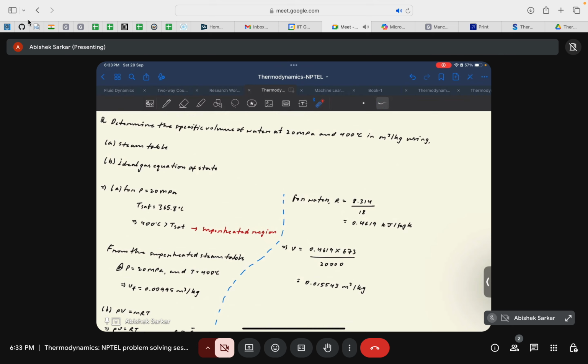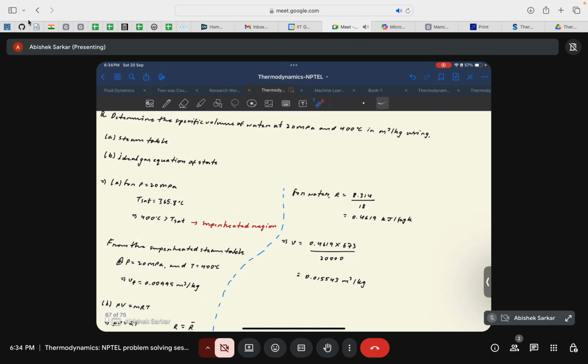Still, it's good practice to see whether the ideal gas equation gives correct results, or what the degree of error in the calculations is.